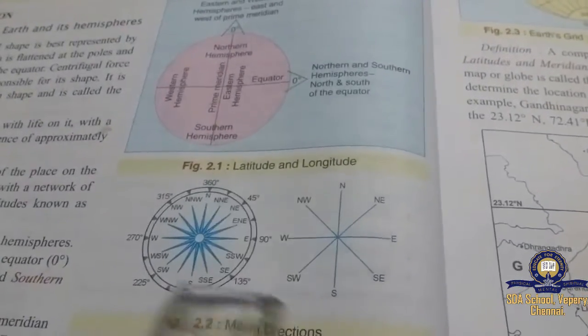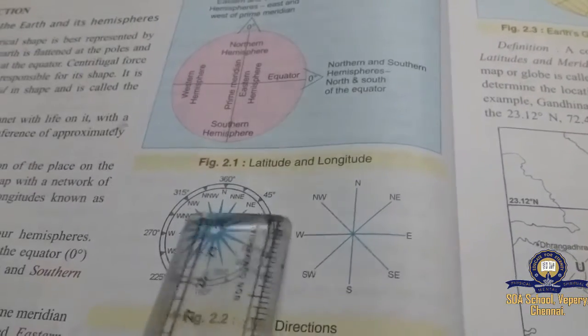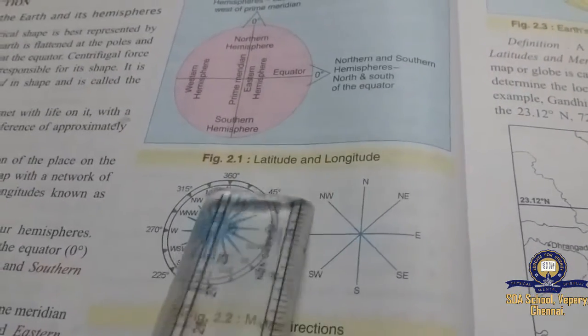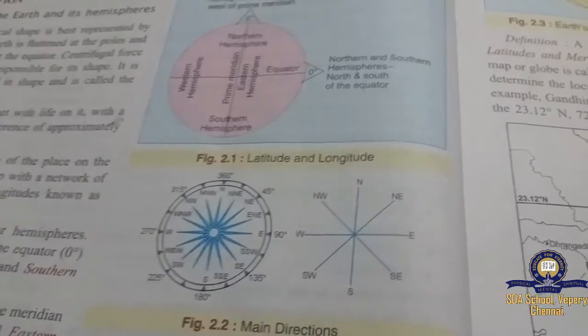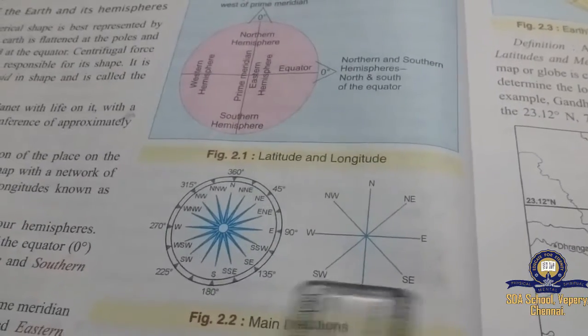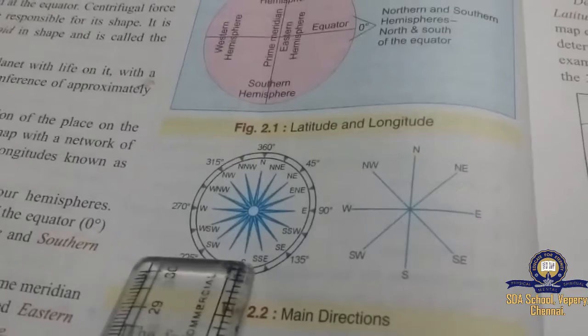This is the direction. We know north, south, west, east. The intermediate directions you know: northwest, northeast, southwest, southeast. Can you see inside that, there is one more division?